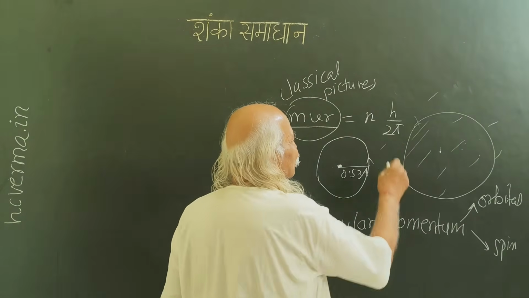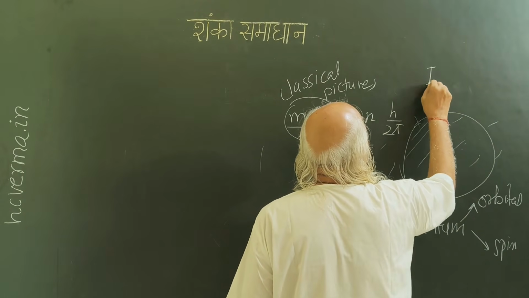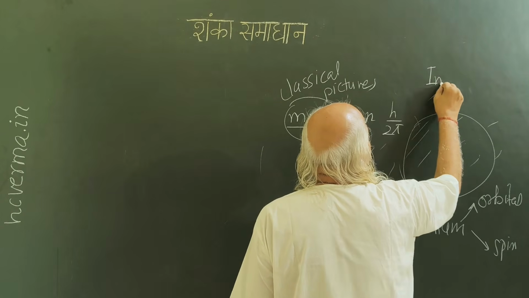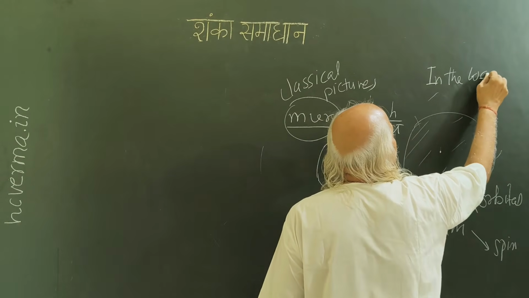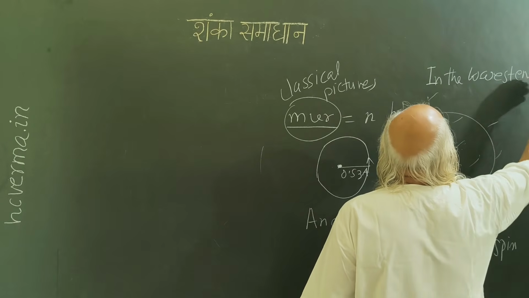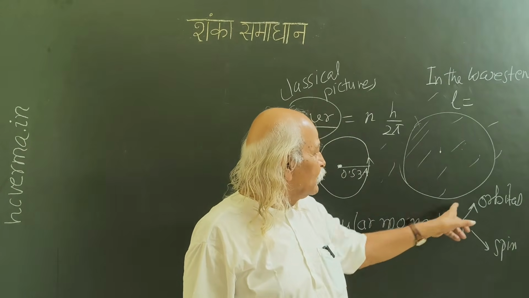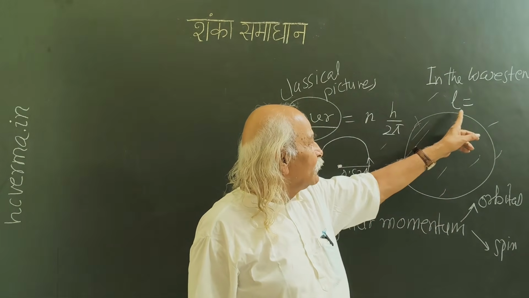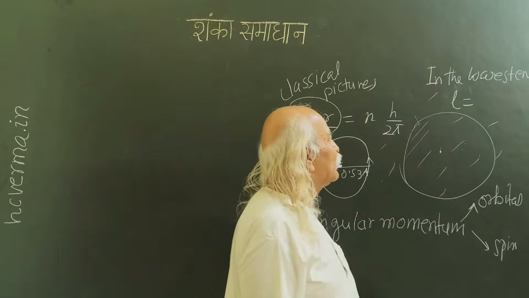And this is your quantum picture, that when you do all that quantum mechanics, then you find that in the lowest energy, whatever is that orbital angular momentum, not this m into v into r, whatever is that orbital angular momentum is zero.